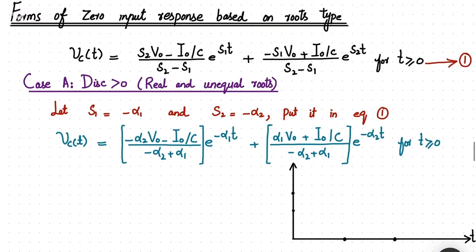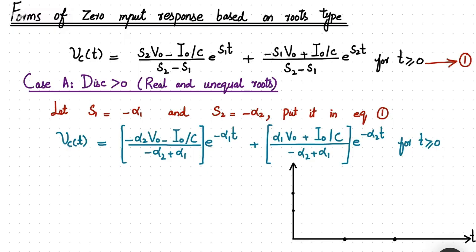Again, when we substitute the calculated values of K1 and K2 in the general response, we get Vc of t equal to K1 e raised to power s1t plus K2 e raised to power s2t for t greater than or equal to 0.